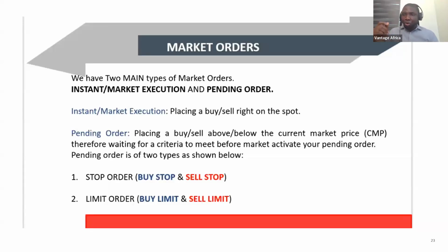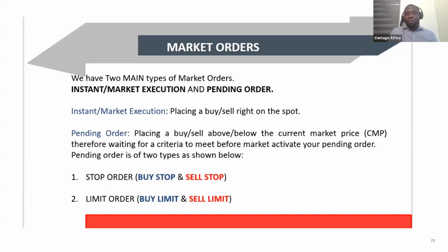But based on your analysis, 1.25 is not a good place to enter the market. So what you do is you place a pending order. Price is currently at 1.25, but you want your trade executed at 1.45 in the market, right?